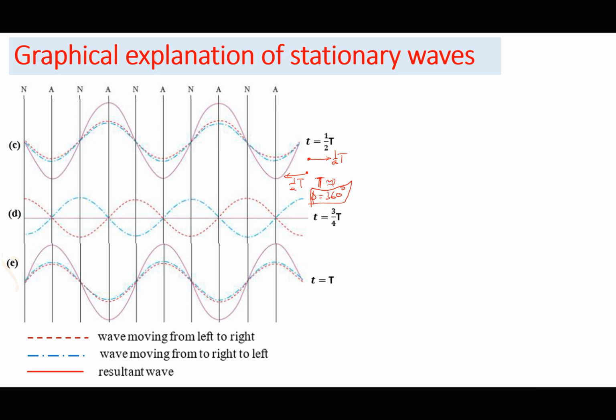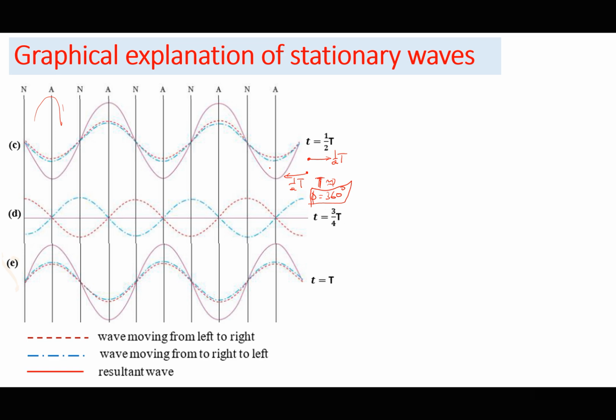So again, a crest is going to align with the crest. But because we started with this being upwards, this is going to be a reverse, because after one cycle there is a reverse. So what arrived as a crest will now return as a trough, and so on and so forth.